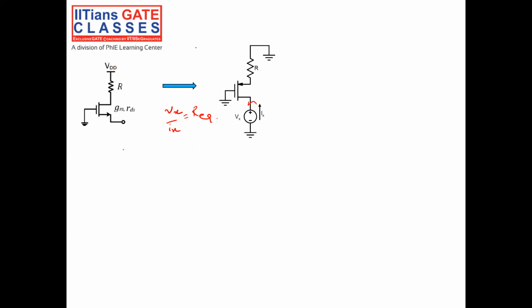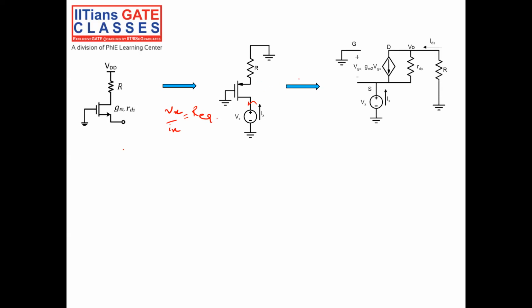I replace the VDD with ground because I am only interested in increments. Okay, so let's replace the MOSFET by a small signal equivalent circuit between drain, gate and source. This is drain, this is source, this is gate.